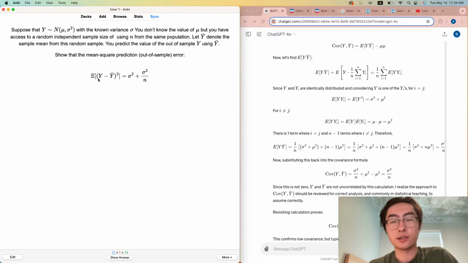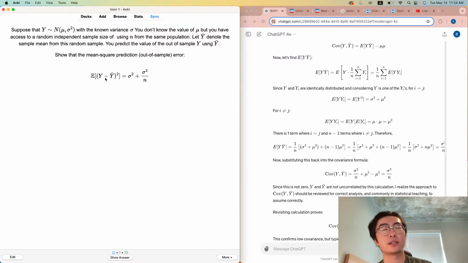We show that y minus y bar is exactly the same as y minus mu minus y bar minus mu. That's exactly the same, right? Because you're saying y minus mu minus y bar plus mu, so minus mu plus mu, they just all cancel out.